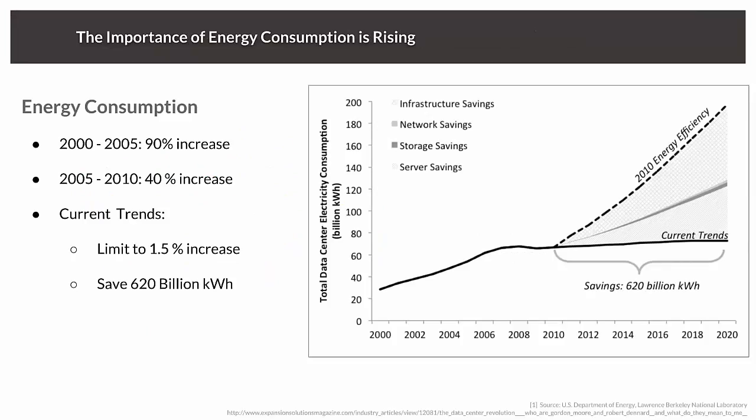To move forward and decide why we should actually answer this question and whether it is worth a look, we can take a look at this graph that represents the general importance of energy consumption within the data center business and the interpolations. Note that this particular graph is a little bit outdated, I'll give you that, and it doesn't account for the blockchain revolution that has been happening in recent years, which significantly increased the energy usage for data centers in general.